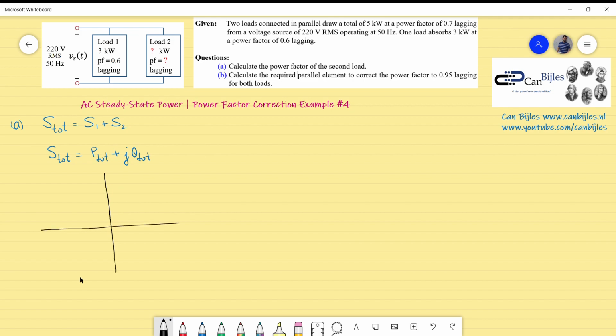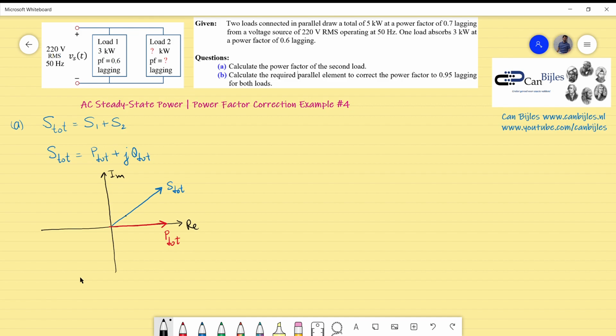So let's make the real axis and the imaginary axis clear. This is the real and this is the imaginary. I'll make a drawing for the apparent power, the true power, and the reactive power for the total supply. So we have P total, which is this arrow along the real axis. We have the apparent power S total.